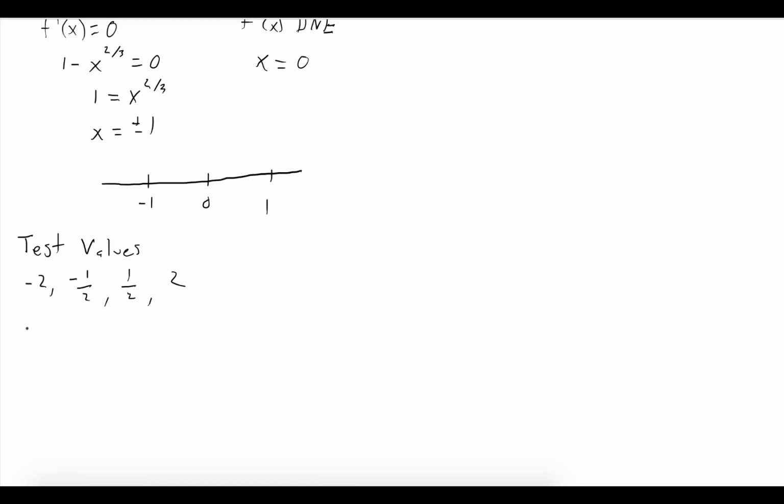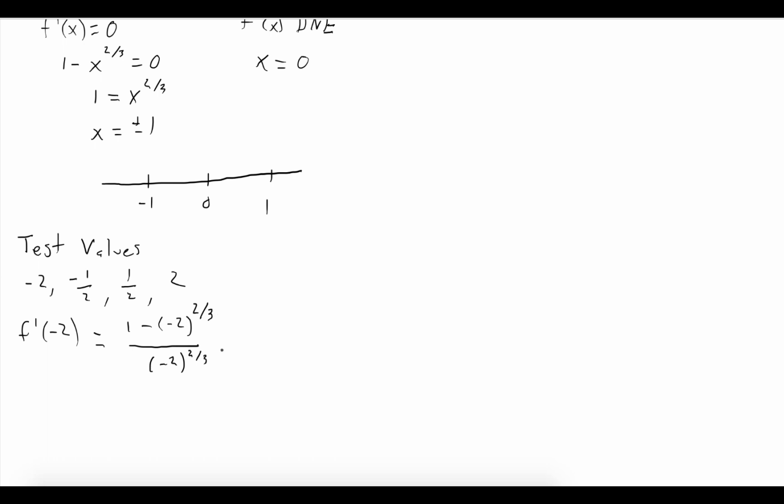So we want to find the sign of f prime of negative 2. Well, that's equal to 1 minus negative 2 to the 2/3 over negative 2 to the 2/3. 1 minus negative 2 to the 2/3 is a negative number, and the denominator is positive.